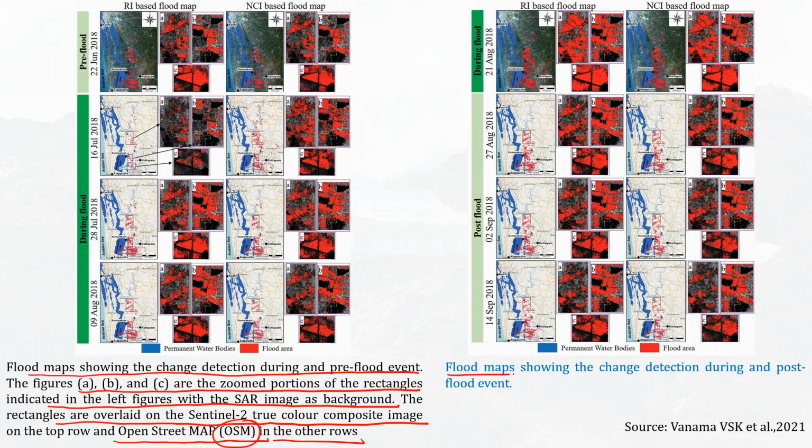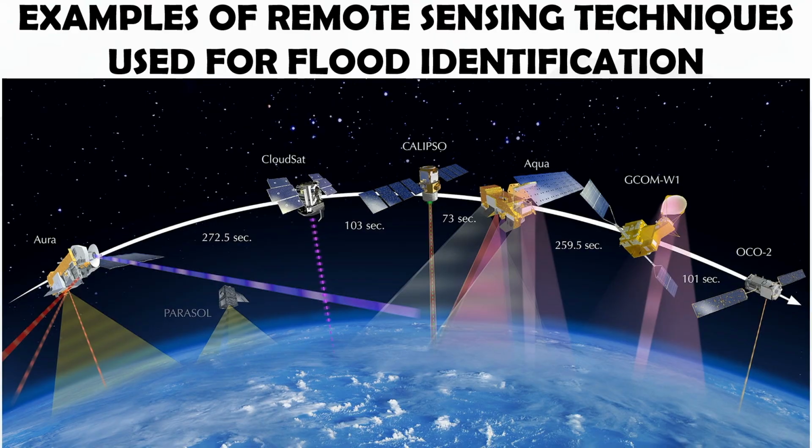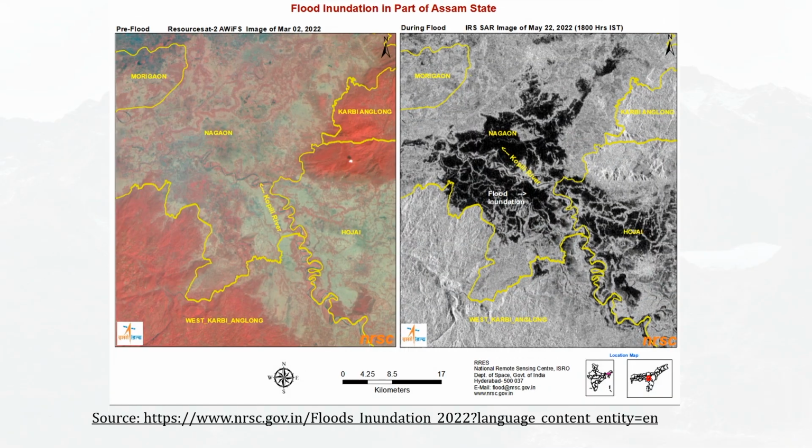Here is the flood map showing the change detection during the post-flood event. Now, when we have the pre and the post, we can easily find what changes have happened during a particular event, right.